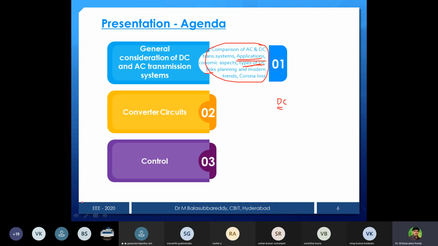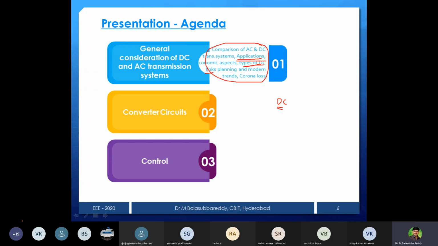And later, after discussing that, the converter station, whether it is a rectifier station or an inverter station, both are the same. Why is it the same? Anybody? The rectifier station or inverter station, both are exactly the same. We cannot change anything on the component side. Why will it be the same? Anybody?